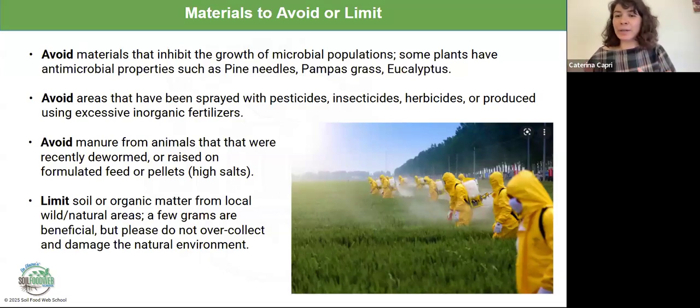Instead of allowing our microbial population to thrive, they can work the other way around and slow down their metabolisms and activity. We also want to avoid areas that have been treated with pesticides, because they do affect the microbiology, of course. And for that same reason, we want to avoid manures of animals that have been treated in ways that may affect the microbiology present.